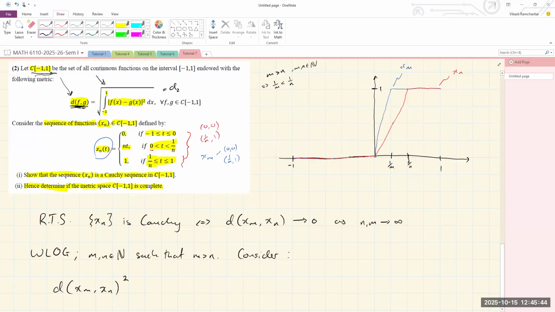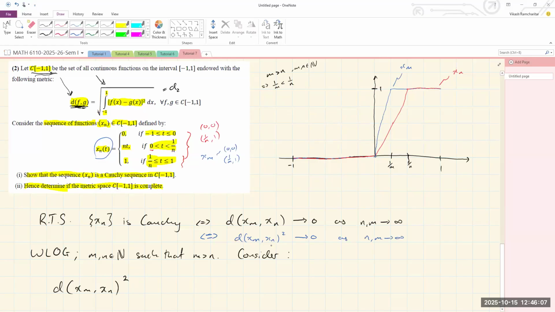Because if you think about it, this is the same as saying the distance squared goes to 0 as well.